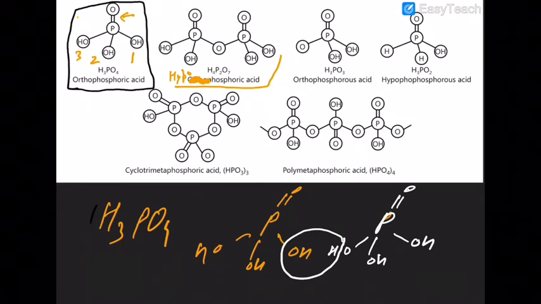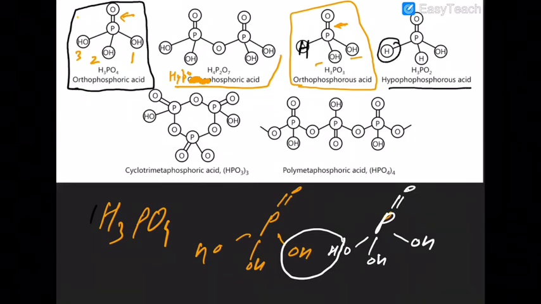Then you have orthophosphorus acid. 2 OH, one double bond oxygen and one H is here. That is also written wrong. That is orthophosphorus acid. That is very, very important. Hypophosphorus acid.